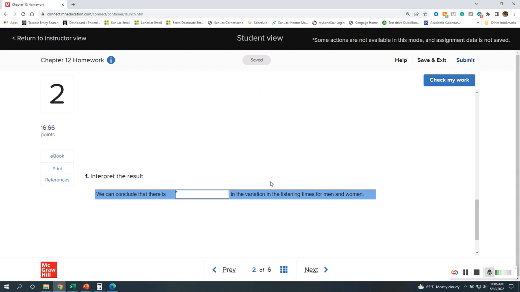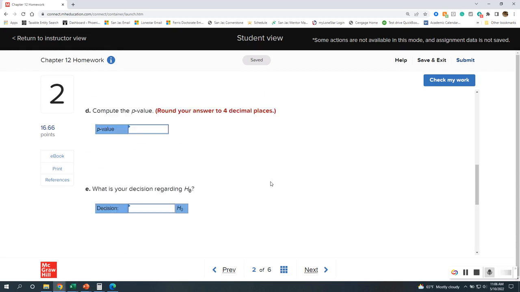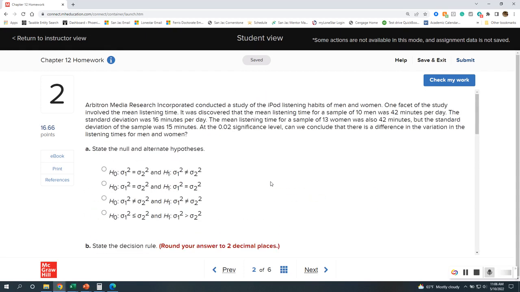Alright. Now we get to have more fun. Arbitron Media Research Incorporated conducted a survey of the iPod listening habits of men and women. One facet of the study involved the mean listening time. It was discovered that the mean listening time for a sample of 10 men was 42 minutes per day.